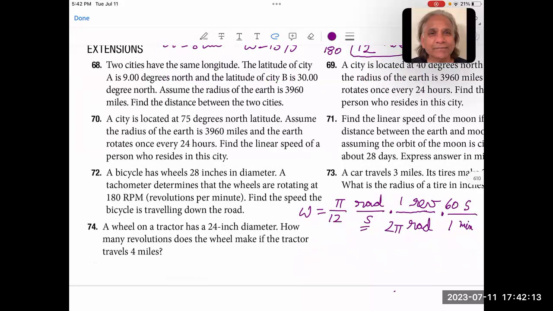And then you just do some algebra. Radians here cancels radians here. Seconds cancel seconds. So as far as the units are concerned, we end up with revolutions per minute. And then the numerical value would be pi times 60 over 12 times 2 pi.